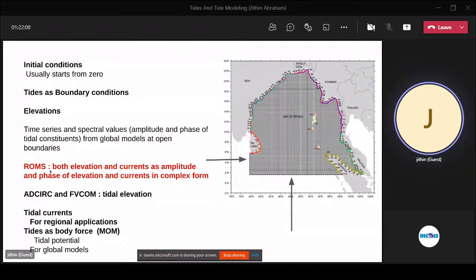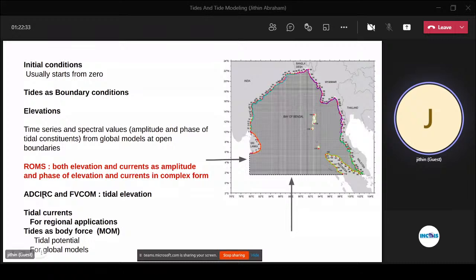For example, for ROMS, the Regional Ocean Model, we can give both elevation and currents all along the boundaries from a global tidal model, and it will simulate the tidal elevation and tidal propagation.